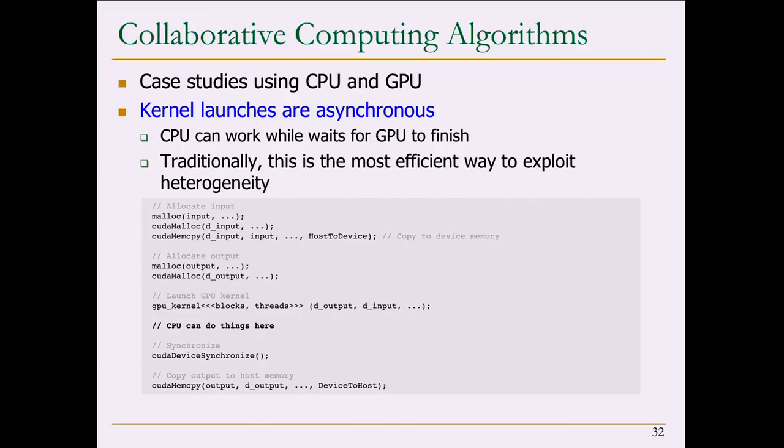So, for example, going back to the histogram example, we could have the CPU thread computing some bins and GPU threads computing the other bins. We have to make sure that if we want to afterward merge these two parts of the histogram, they have operated on different parts of the histogram, right?